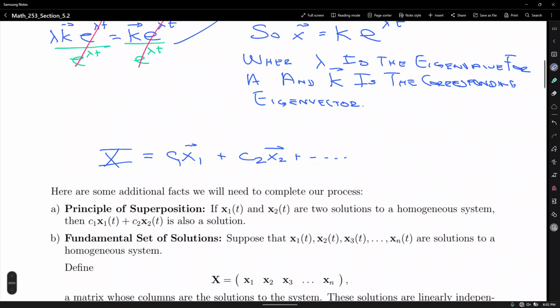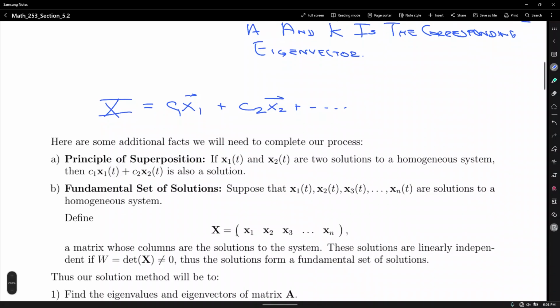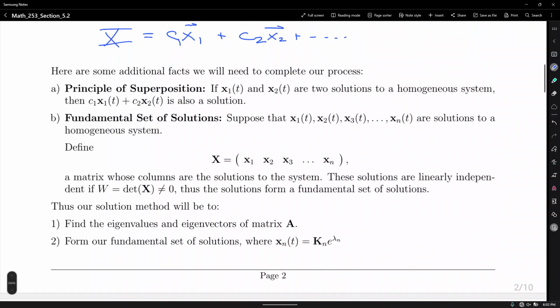And what else? A fundamental set of solutions. So X would be a matrix of column vectors x1, x2, x3, dot dot dot, xn, which comprises the solution to the system. Remember the Wronskian? These column vectors are said to be linearly independent if we find the determinant of this and it's not equal to zero.